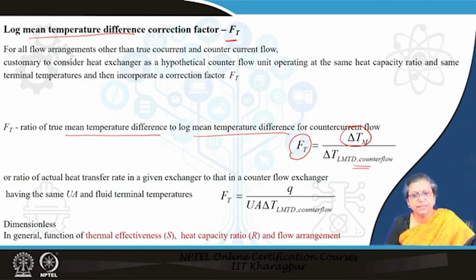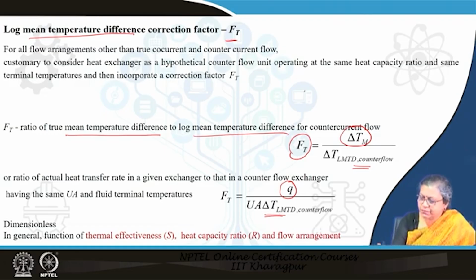Or in other words, it is the ratio of the actual heat transfer occurring in the multi-pass shell and tube heat exchanger to that which would have occurred had this heat exchanger exhibited truly counter current flow.